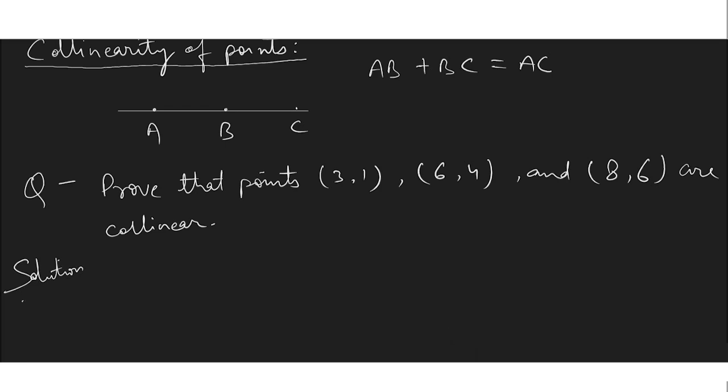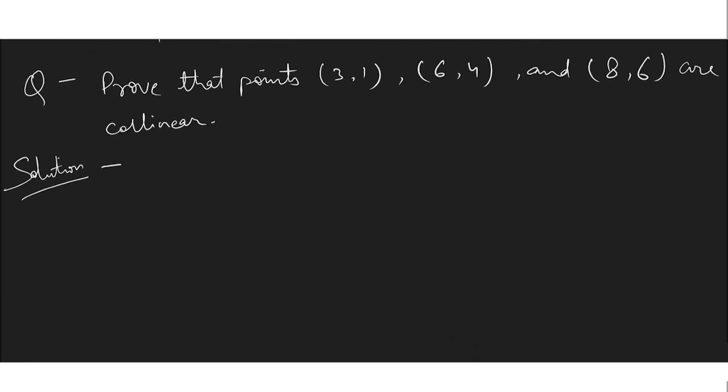Solution. Let us name these points. Point A be called (3, 1). Point B say (6, 4). And point C be (8, 6).